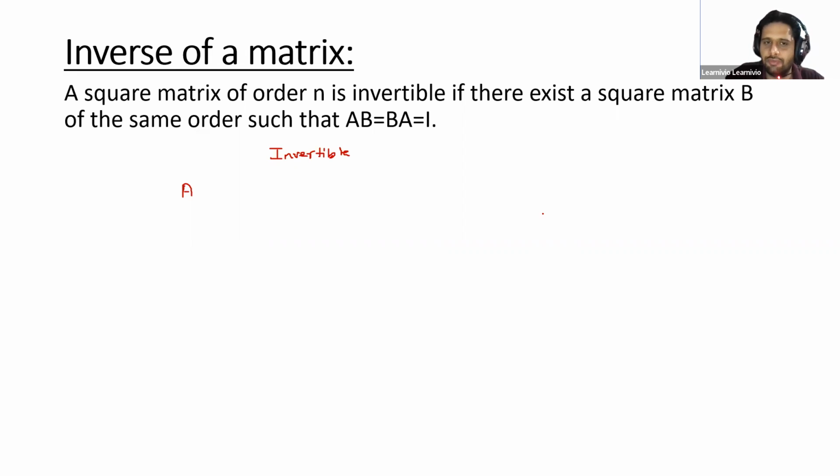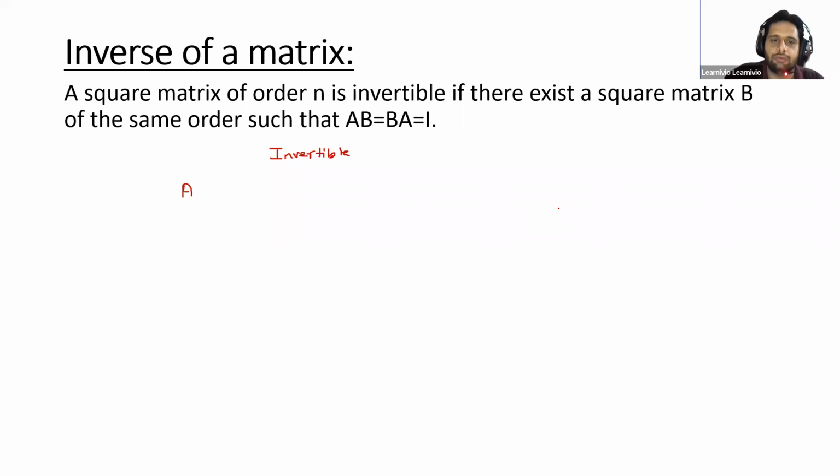What is inverse? We will discuss later on. First of all, please understand what is invertible. We are talking about the square matrix. If the inverse of a square matrix exists, then we will say that the matrix is invertible. This is the last time I am explaining: if the inverse of a matrix exists, we will say that the matrix is invertible.